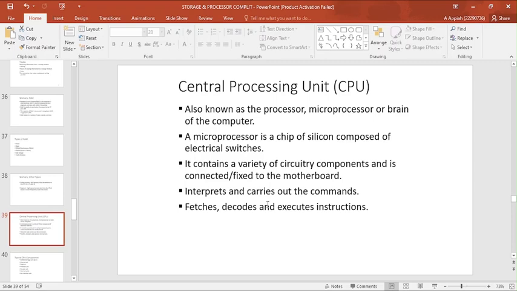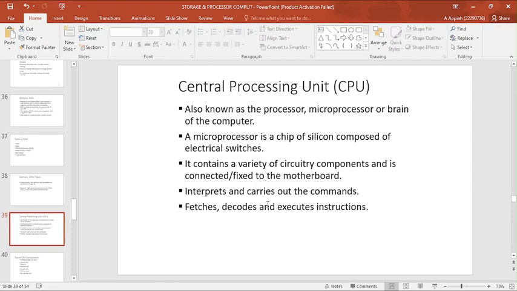So where do we see the CPU? It is always fixed or connected to the motherboard. The CPU helps instructions to be carried out or commands to be carried out, and it also interprets commands.